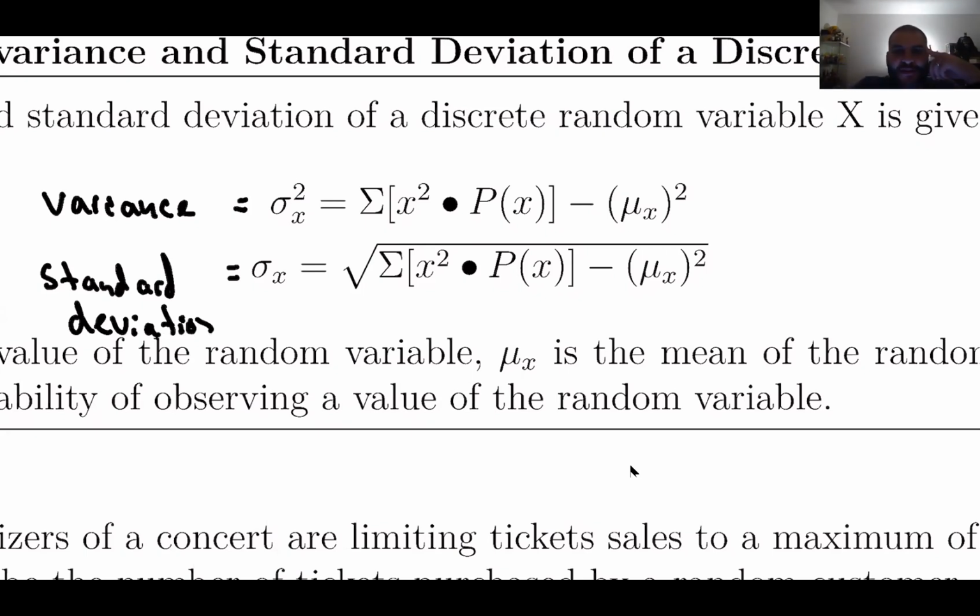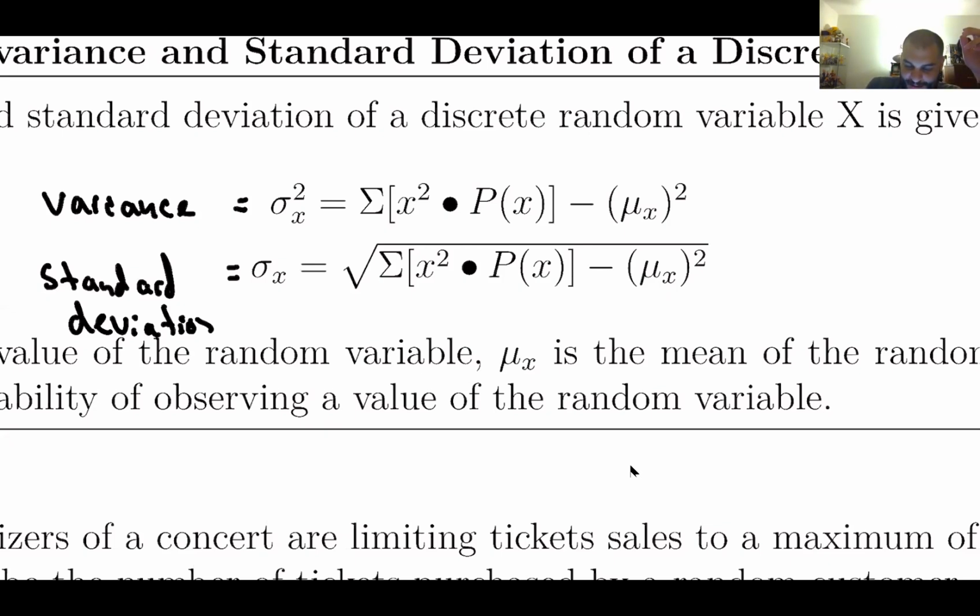If you look at both of the formulas, what's the only thing different between variance and standard deviation? Close enough. There you go. The square root. Variance doesn't have the square root; standard deviation does have the square root.